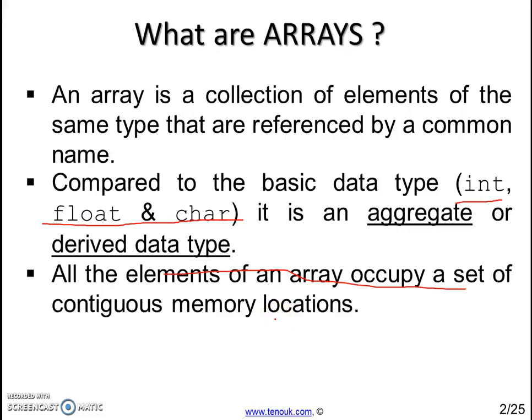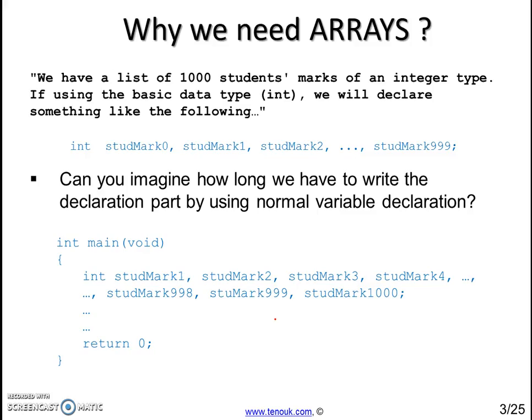Now, if we have a new set of data type, that is a derived data type, then what is the use of these arrays? Why is the requirement of these arrays? Why do we need these arrays actually? So let's talk about one situation in which we have to list the marks of 1,000 students and the data type for the marks will be of integer type.